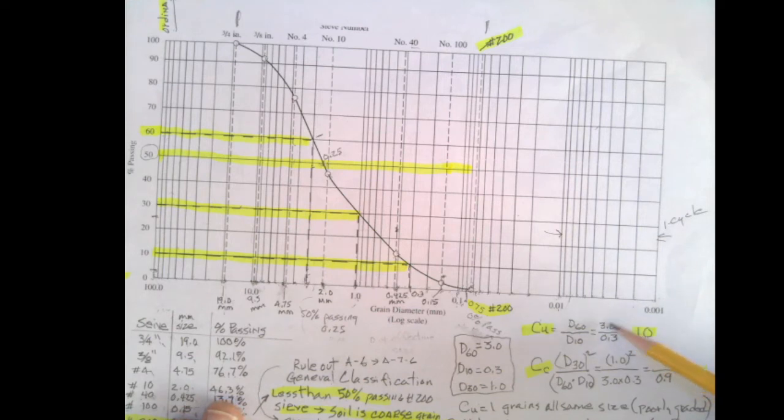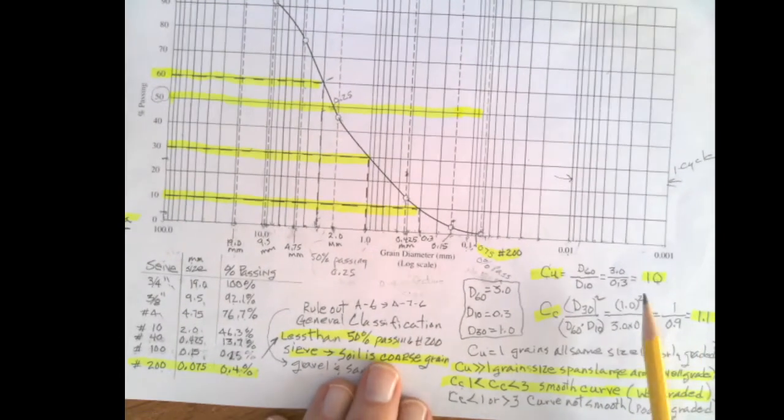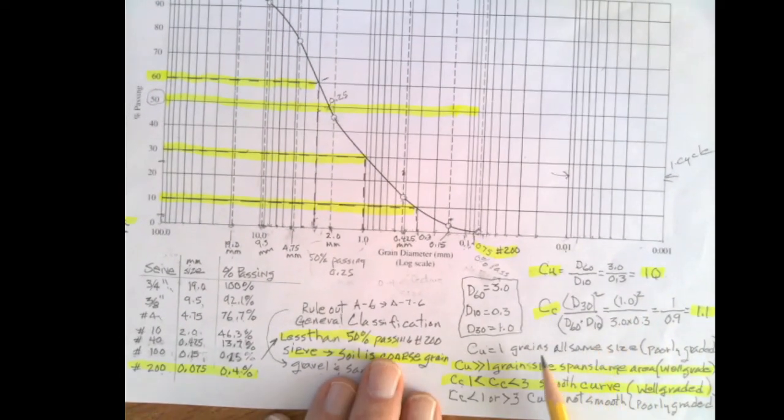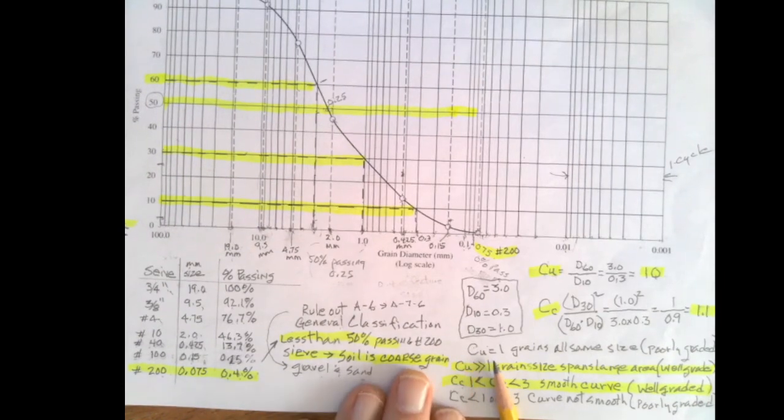So now we have 3 divided by 0.3, because that's what this equals, 3, and this equals 0.3. And if you divide that, you're going to come up with 10. That's the value of the coefficient of uniformity. Now, let's drop on down here to the coefficient of curvature. And let's read this.